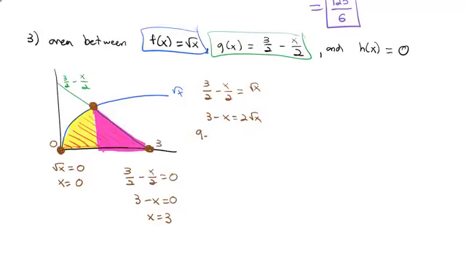Square both sides gives us 9 minus 6x plus x squared equals 4x. Subtract the 4x from both sides, putting it in order. X squared minus 10x plus 9 equals 0. Factoring. X minus 9, x minus 1 equals 0. So x is either equal to 9 or 1.